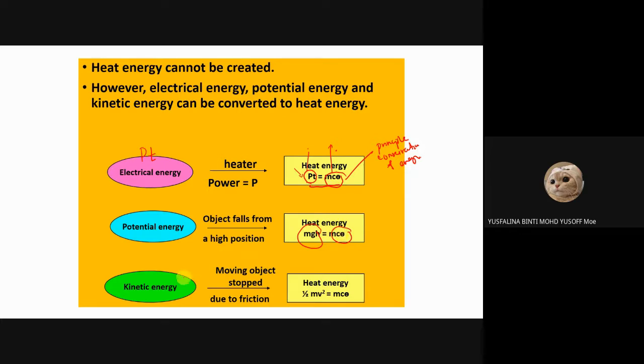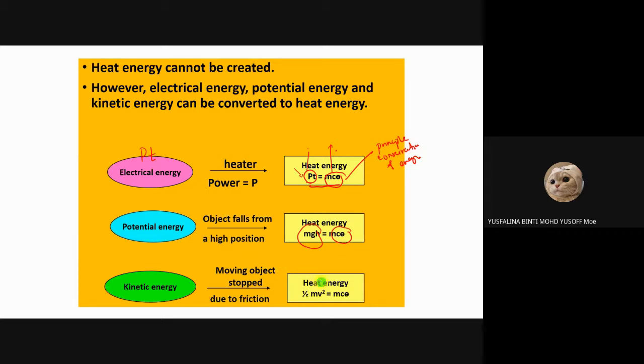So kinetic energy, a moving object stops due to friction. Let's say the object is moving, and suddenly it stops because of the friction. You know the friction will produce heat energy, right? When the object moves, it has kinetic energy.